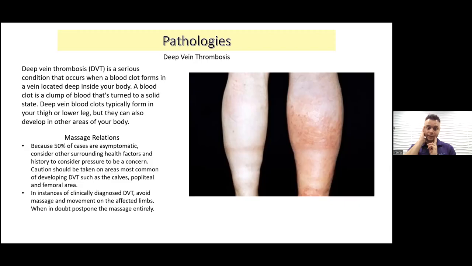Now, most commonly, it would be deep veins of the lower leg. As you can see in this picture, it's depicting the calves. So anytime that I'm worried about someone's circulation, especially if I'm worried that they would be prone to developing blood clots, I'm always cautious about the calves, because if you're going to develop a blood clot, it's most likely going to have started in the calves, right?